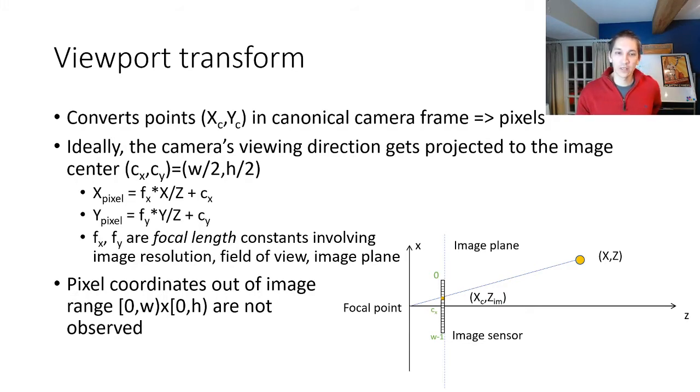There's also a scaling that has to do with the image size, as well as the field of view and the length of the image plane. Essentially, the overall transform that gives you the pixel coordinates is going to be some f times x over z plus some offset cx. If you had a point that went outside of the image range, then it's basically not observed, so you also want to clip things to the inside of this viewport.